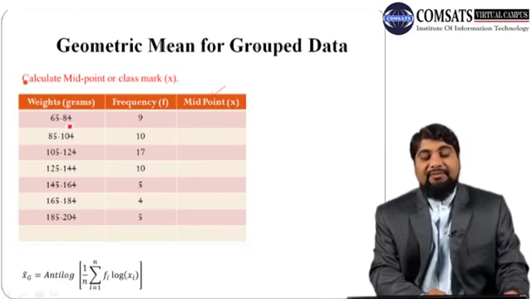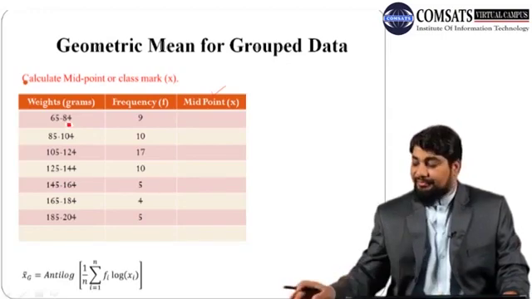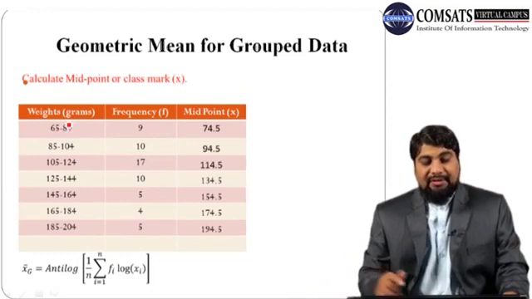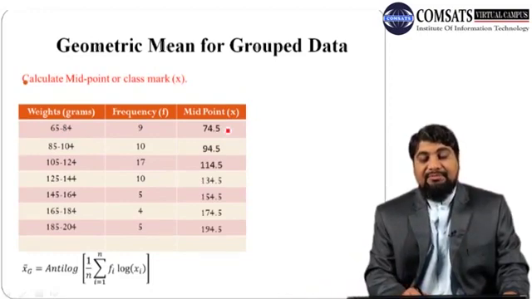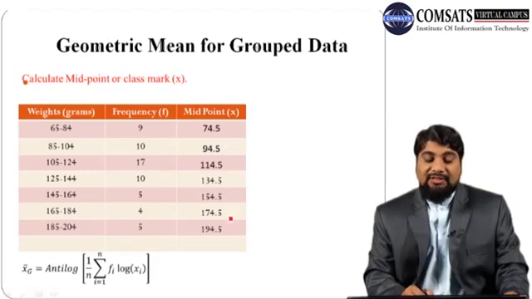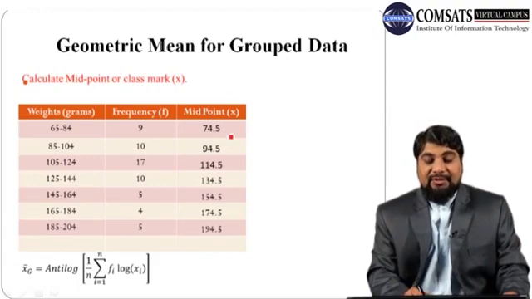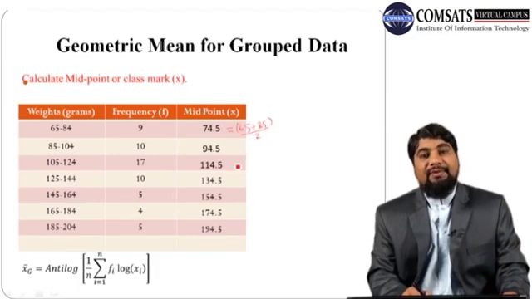Just take the average of the lower and the upper limits. So here are the midpoints: 74.5, 94.5, 114.5, and the last one is 194.5. This 74.5 is 65 plus 85 whole over 2. This is how the midpoint is calculated.